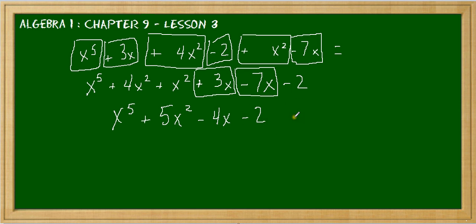So the answer, when we add these, is x to the fifth plus 5x squared minus 4x minus 2. So that would be the answer to example number 3. Let's go on to example number 4. And again, we have subtraction now. 3x plus 10 and 5x plus 4. Now we're going to go ahead and write these vertically.